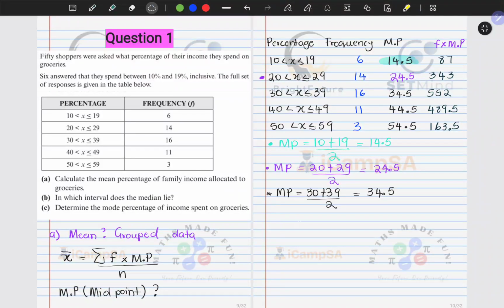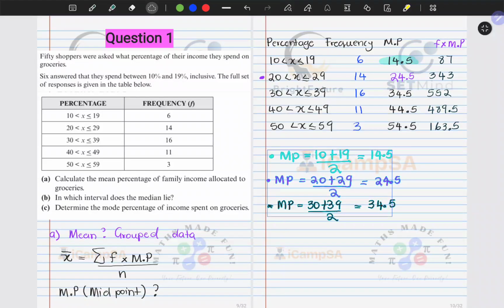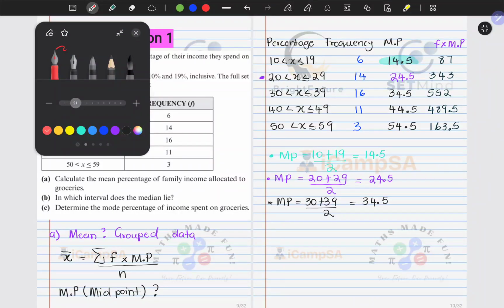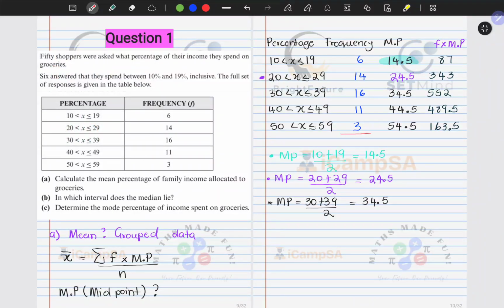Okay, so what I'm going to do, since I need the mean, I need the n, and I need the total sum here. So if we do the sum here, you'll see that we'll have 6 plus 14 plus 16 plus 11 plus 3, and what we end up getting is 50.